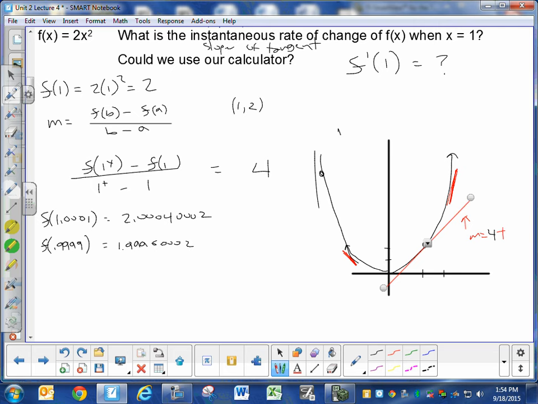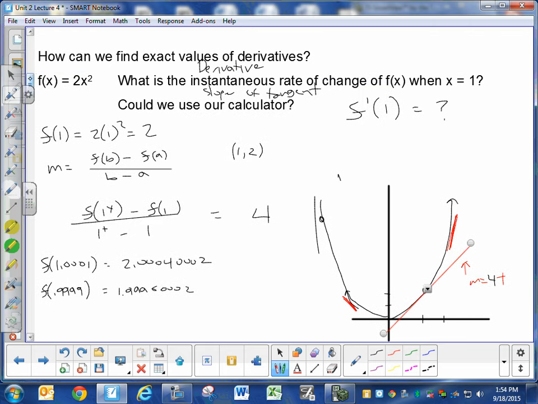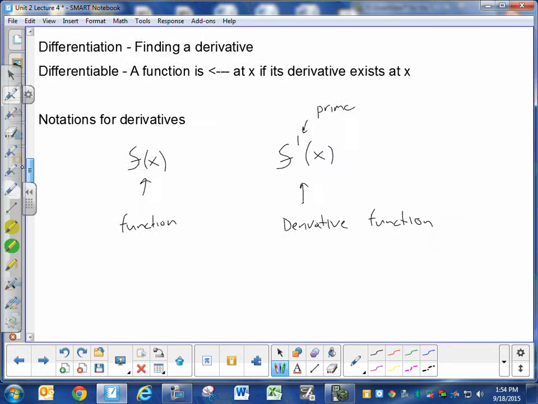Okay? Well, this is really fascinating. What we have now is not only functions, but we have tangent slope generating functions. Function, and this is a tangent slope generator.